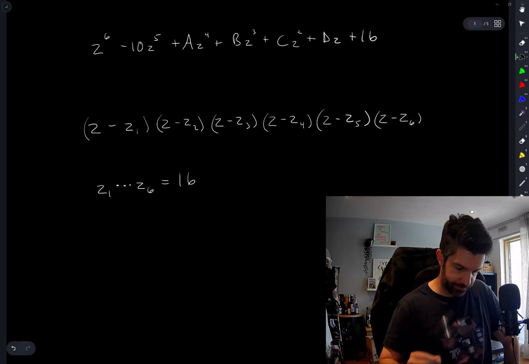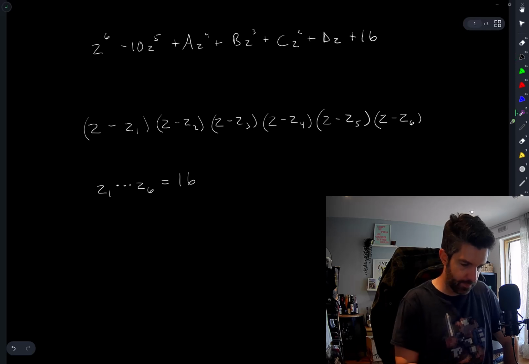And what is the meaning of the term on z to the 5? So how do I get z to the 5? I get it if I go z times z times z times z times z times 1 root, or if I take all of the z's there and that root.